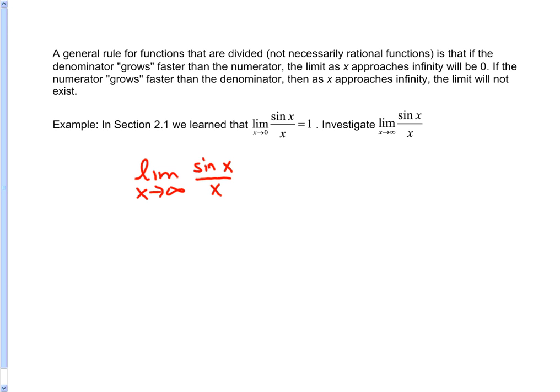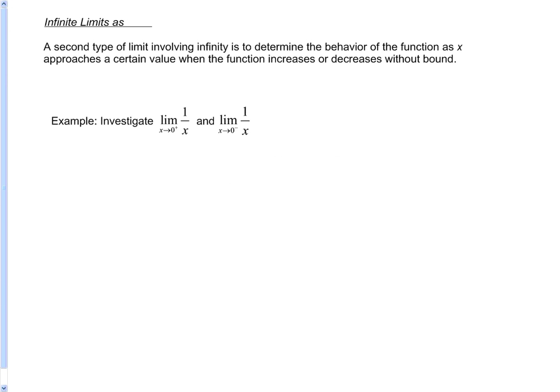And so we're going to end up with either a very small positive or negative number over a very big number. And a small number over a very large number is equal to 0. So this would be a case where the denominator grows faster than the numerator. And so our limit would be 0.